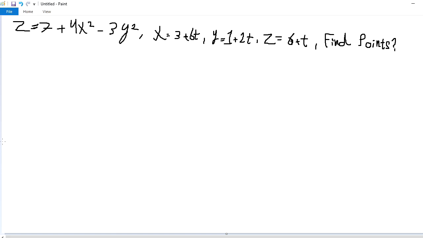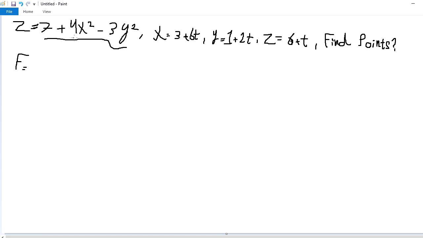So to start finding its points, we need to make this equation equal to 0 as usual. So we need to move these numbers to the left. Don't move the z.